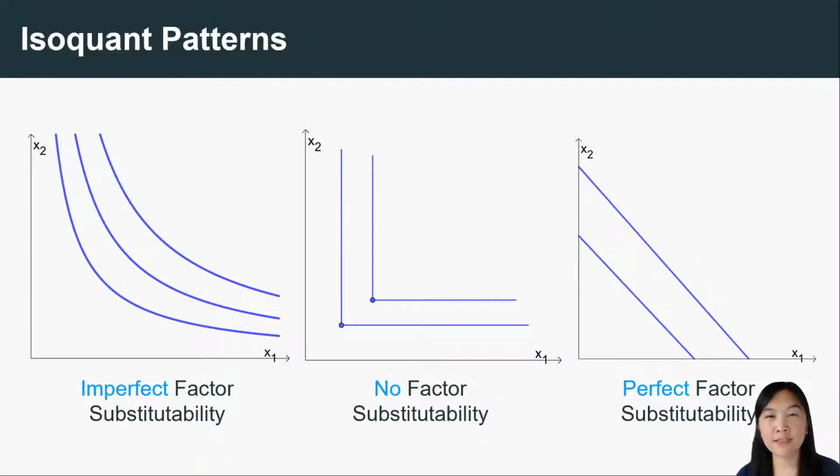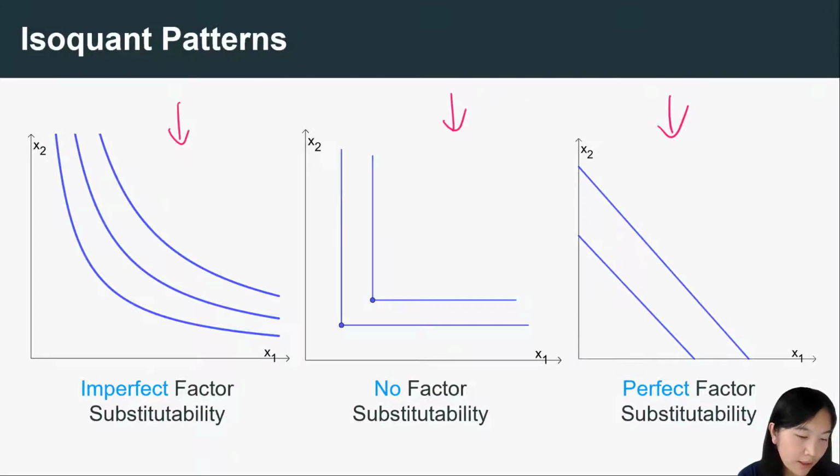For example, we can tell how well one input is substituting for the other. Here we have 3 typical isoquant patterns, showing you the substitutability of the 2 inputs.